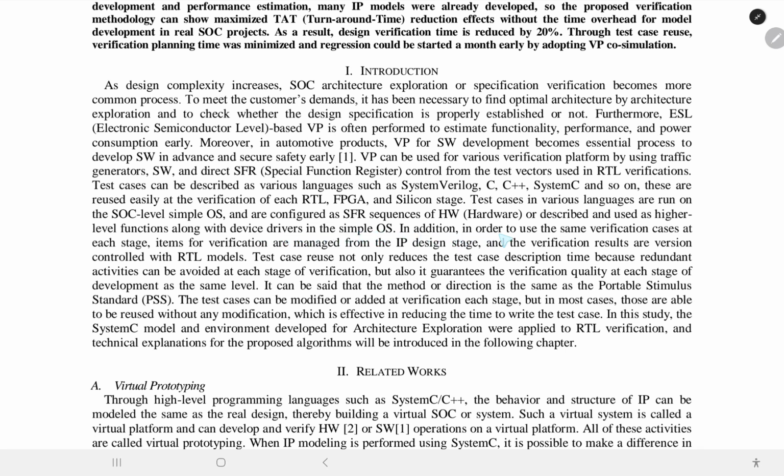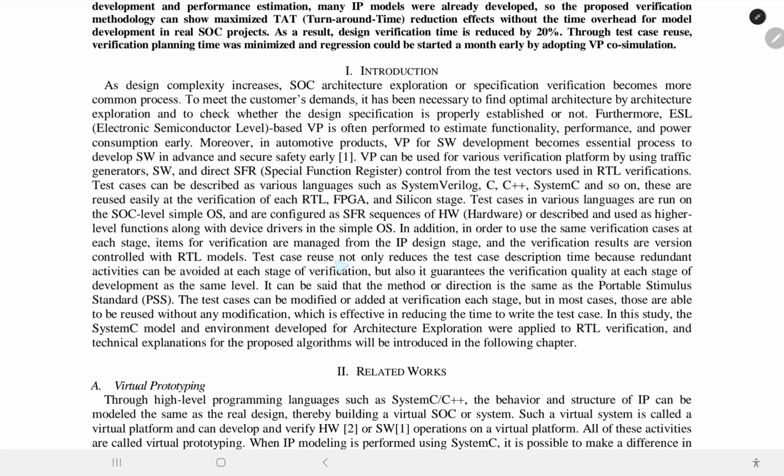In addition, in order to use the same verification cases at each stage, the items for verification are managed from the IP design stage, and the verification results are version controlled with the RTL models.